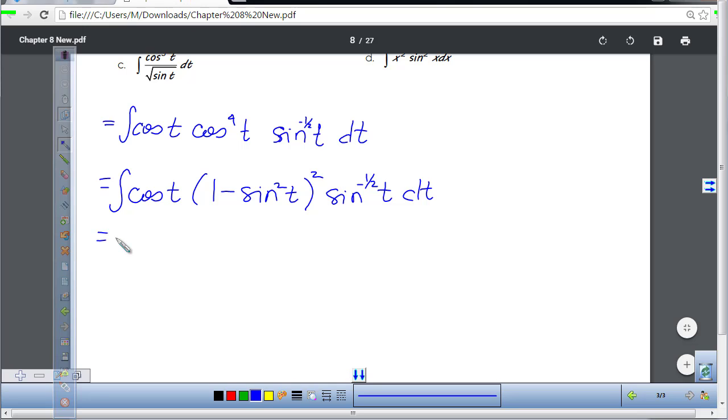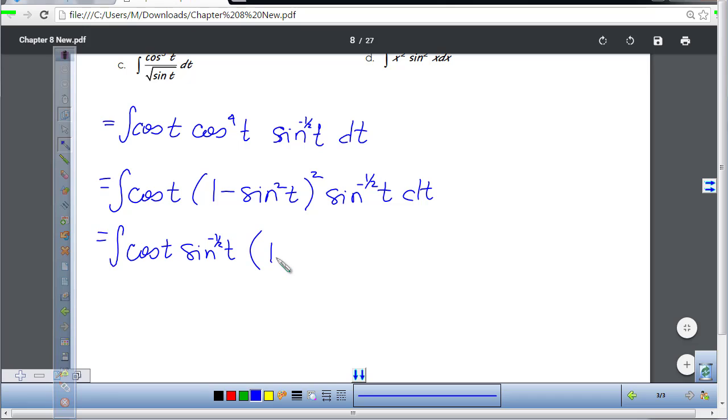Okay, so I'm going to distribute. Well, first, before I can distribute, what do I have to do? I've got to actually square that, right? So we've got the integral of cosine t. I'll go ahead and pull that sine to the negative 1/2 t over here, and then I'm going to square this out.